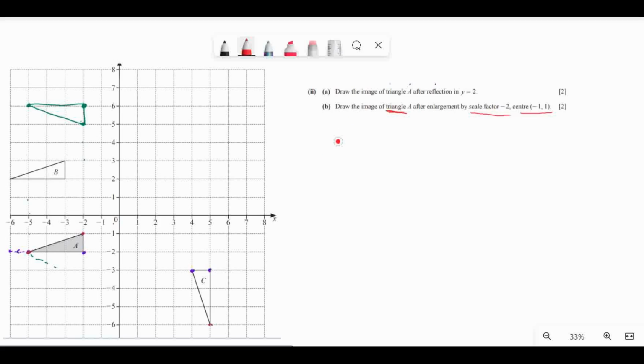Now we know that when the scale factor is negative, two things will happen.